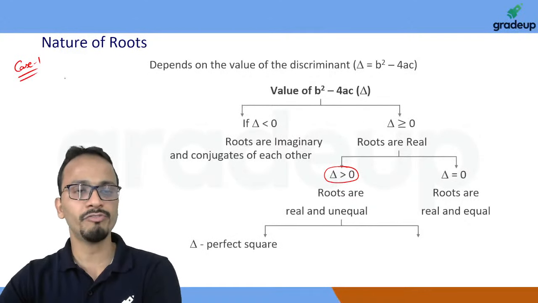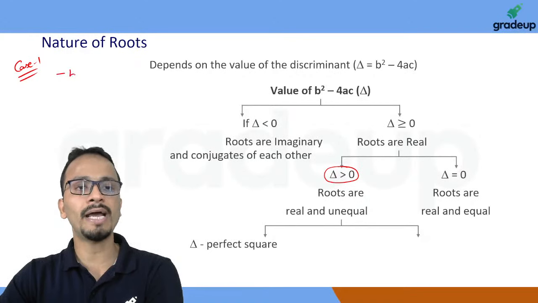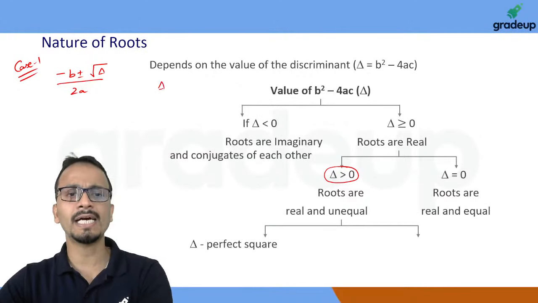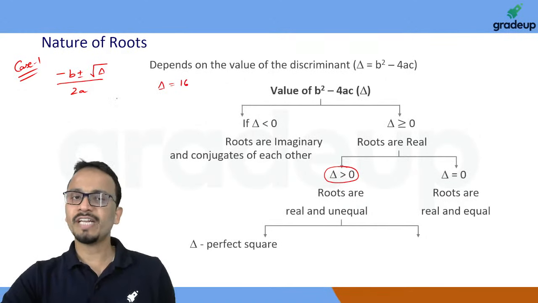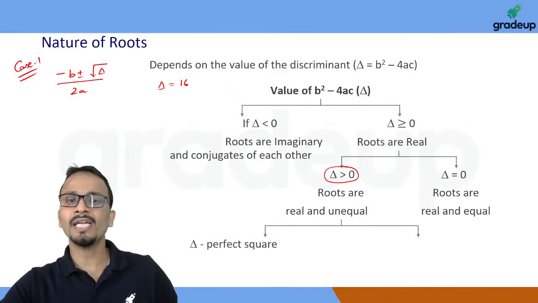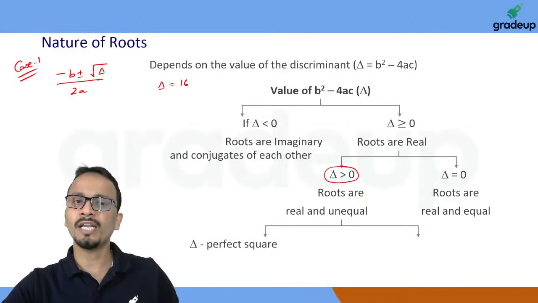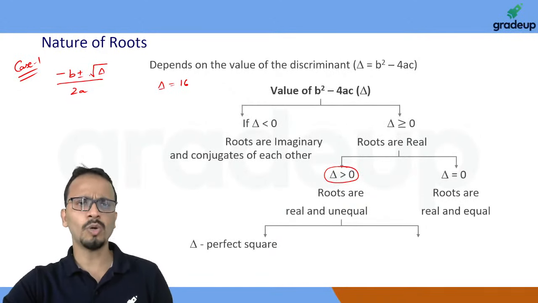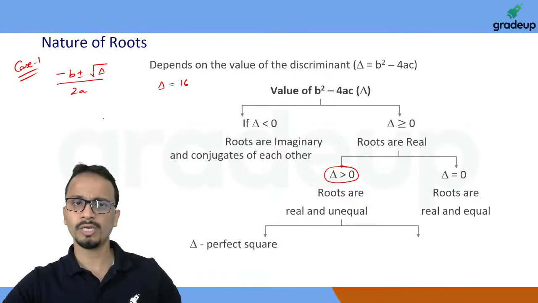The roots are minus b plus minus under root delta whole divided by 2a. If delta is a perfect square, let's say delta is 16, then the under root of delta, that means under root of 16, will be an integer, right? So under root of 16 is 4.